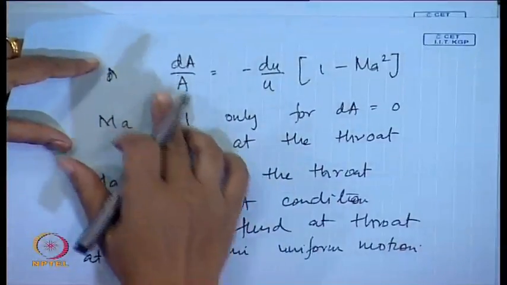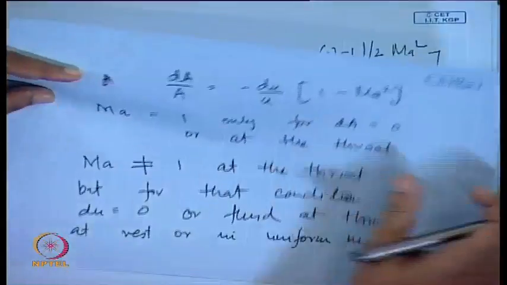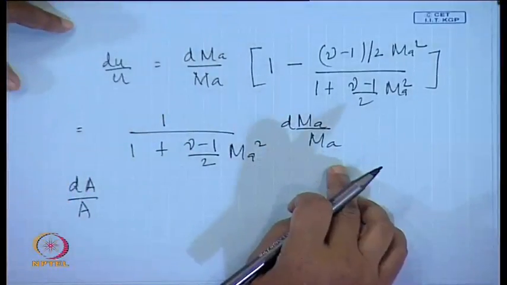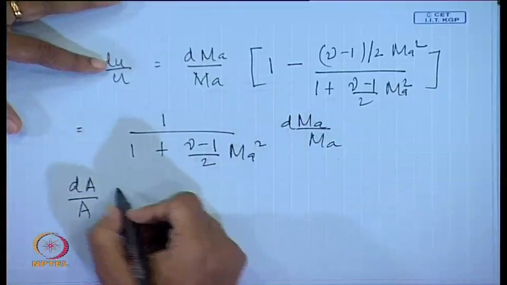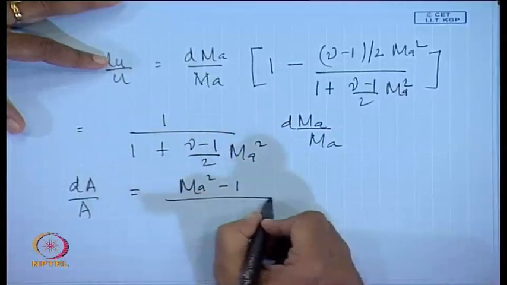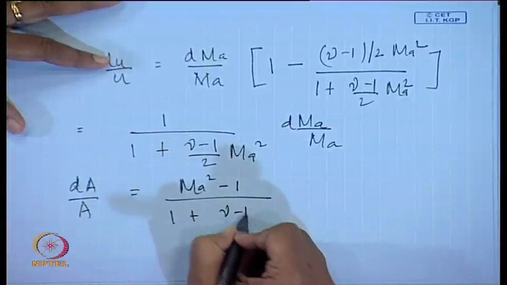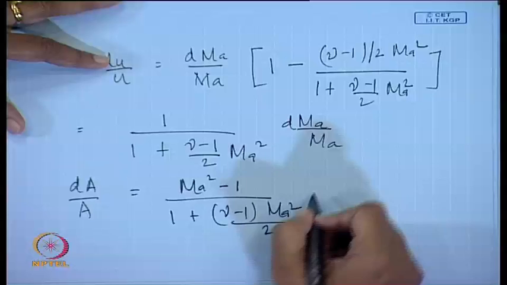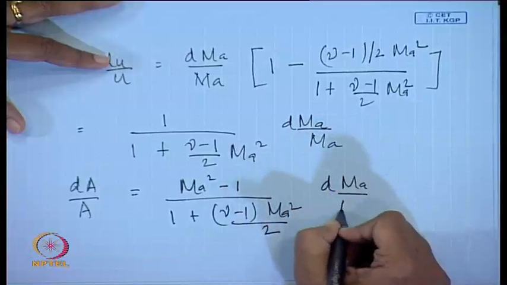We had dA by A equals this. Okay. So in place of du by u, we can substitute this particular equation. And then we get Ma square minus 1 by 1 plus gamma minus 1 by 2 Ma square dMa by Ma.